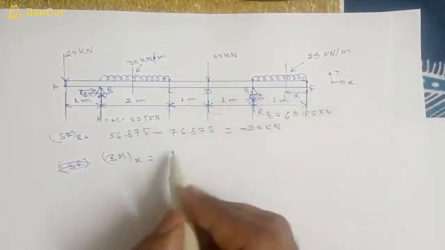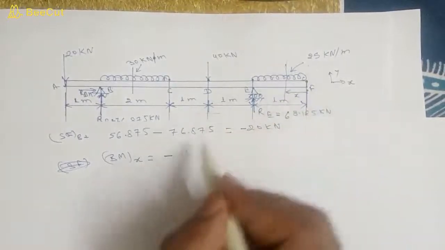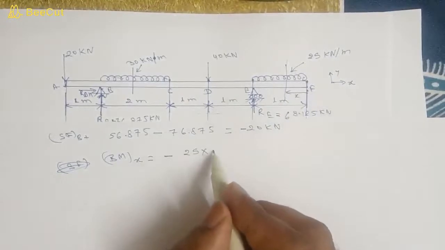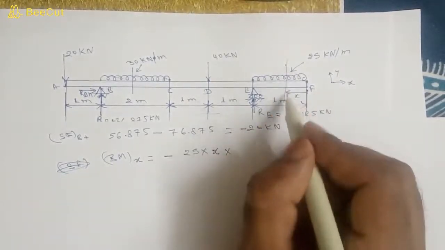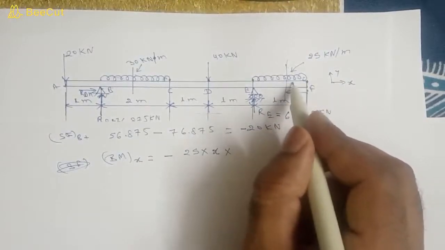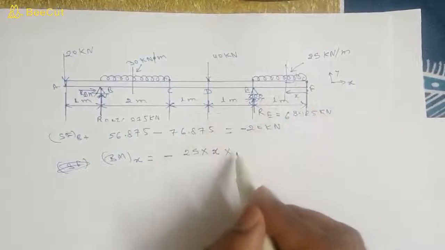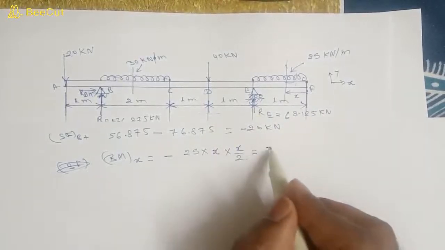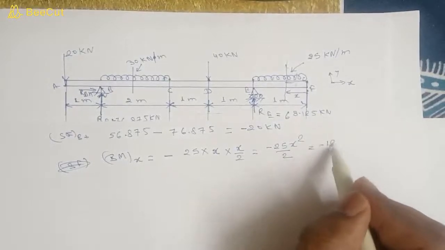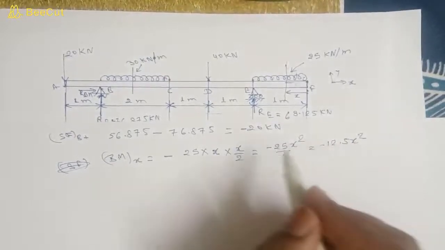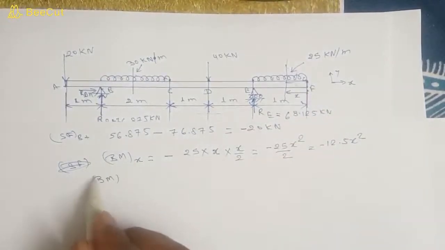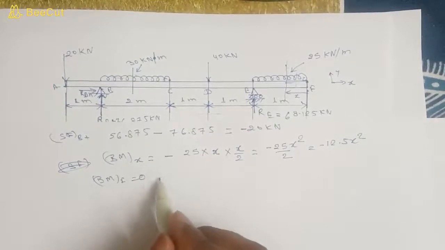So minus load 25 into length of the load X into distance from the section XX of the centroid of this load, X by 2. So it will become minus 25 x square by 2, or minus 12.5 x square. So here x is 0, so at point F the bending moment is 0 because x is 0.